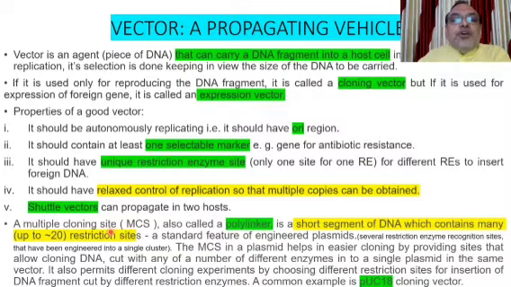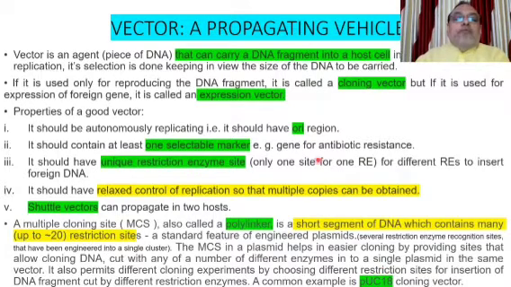It has so many sites for introducing or integrating the desired stretch of DNA into the vector. So a vector having multiple cloning sites or polylinkers is very useful, and one such vector which had been artificially designed is pUC18.